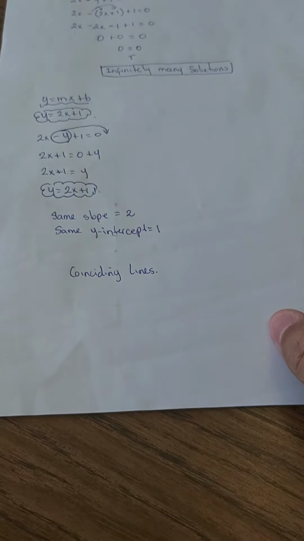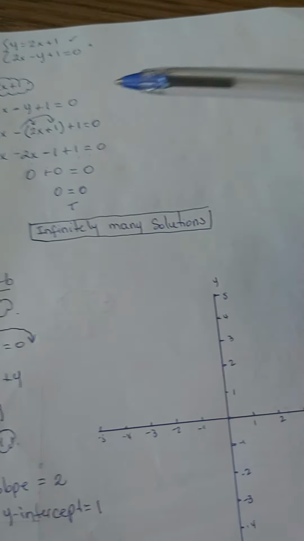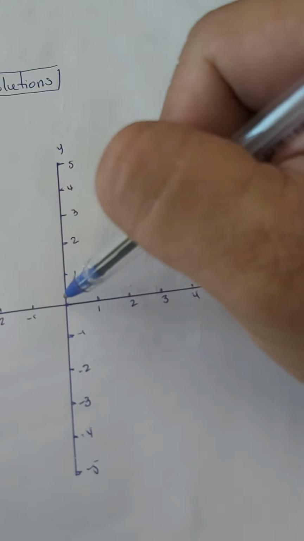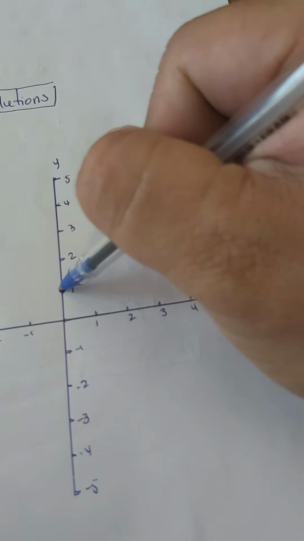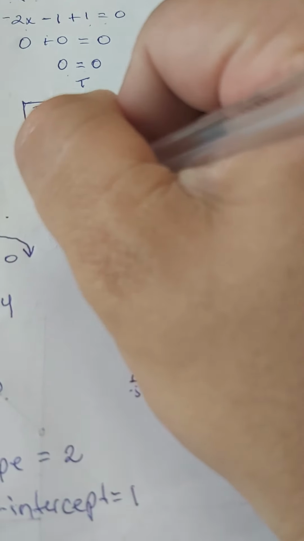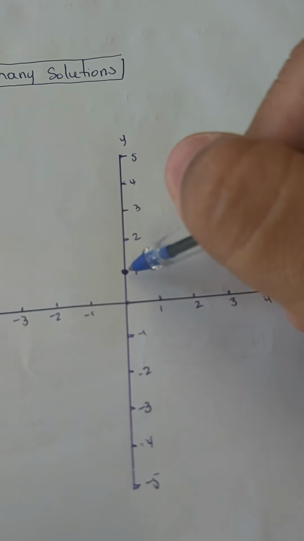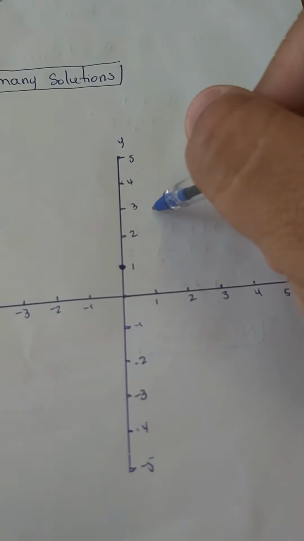Let's graph to prove. So y-intercept 1. Slope 2. So that means slope equals 2 over 1. That means from this point we're going to move 2 up, 1 to the right.